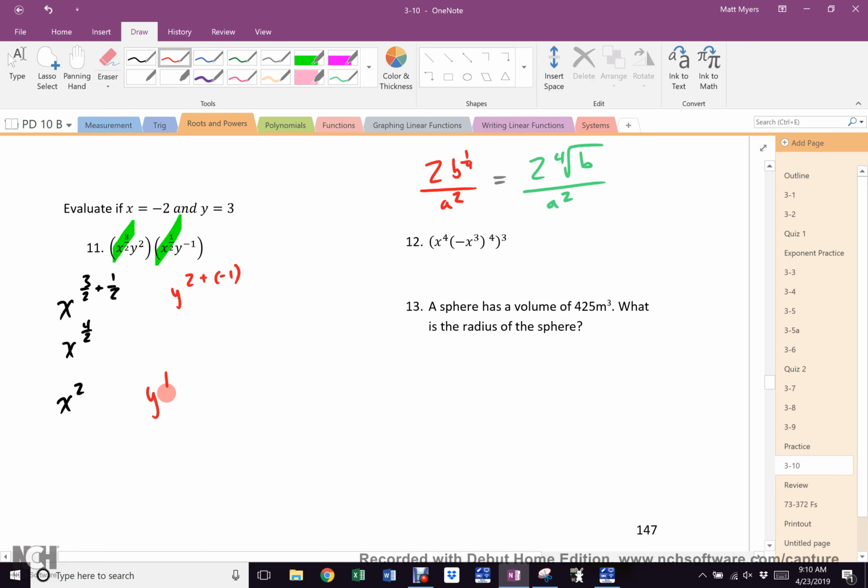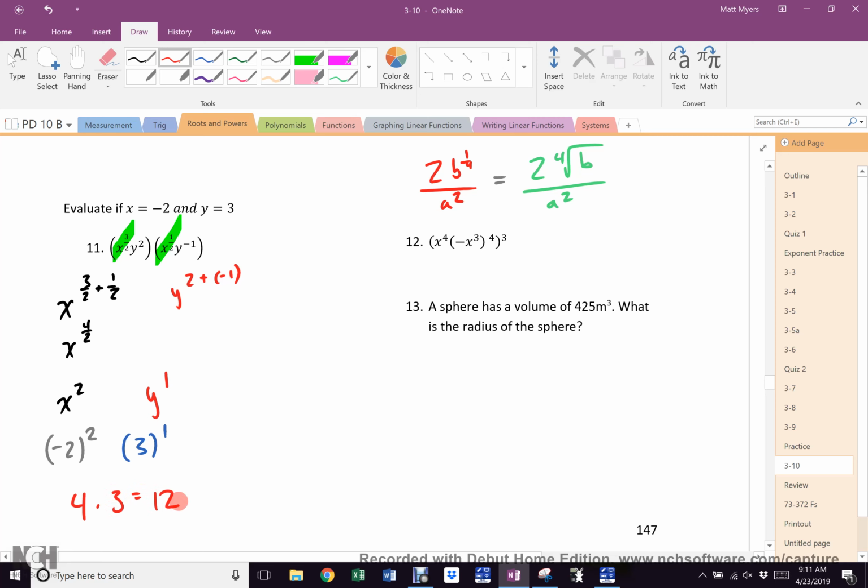Now, is simplifying this very easy? What is x? Negative 2 squared. What is y? 3 to the 1. What is negative 2 squared? 4. What is 3 to the 1? 3. What's the answer? 12.